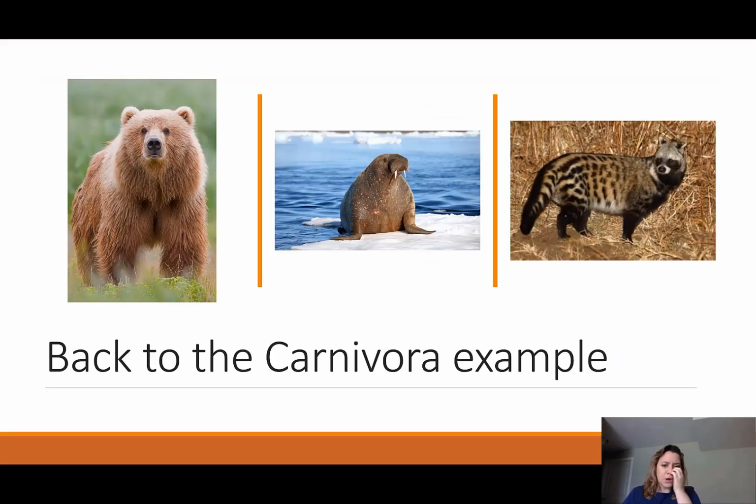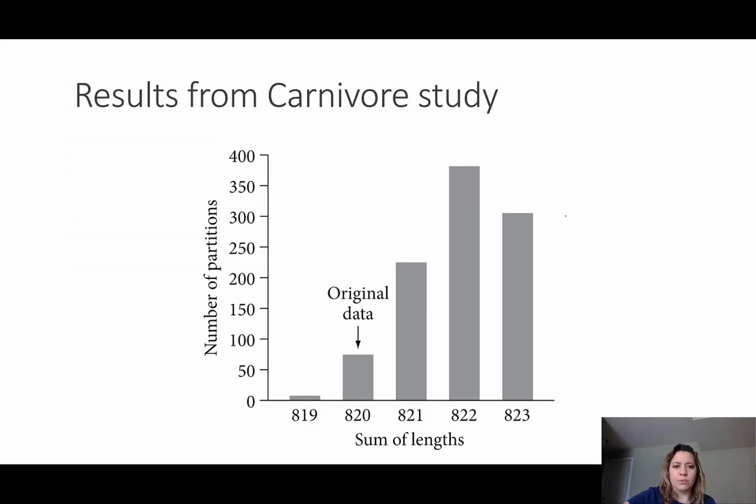So let's go back to the carnivore data. We talked about carnivores as a whole, and we know that the molecules and the morphology don't match up. We did another test, the Templeton test, that helped us decide that the molecular tree is actually quite suitable, even for the morphological data. So what if we ran the same analysis with our carnivore example?